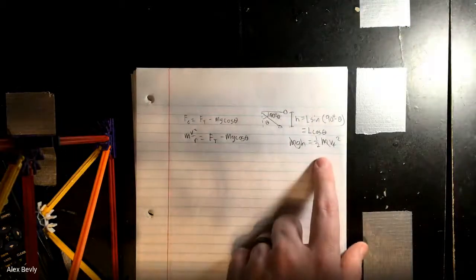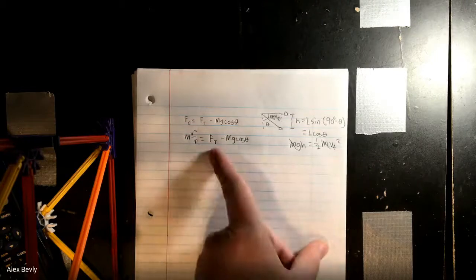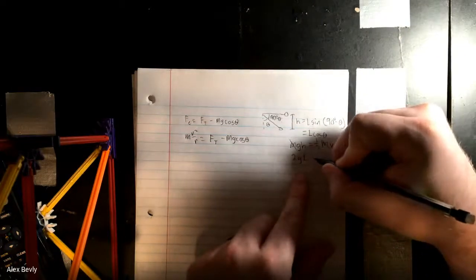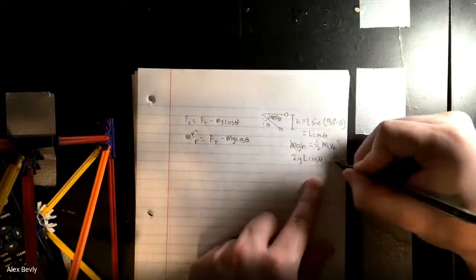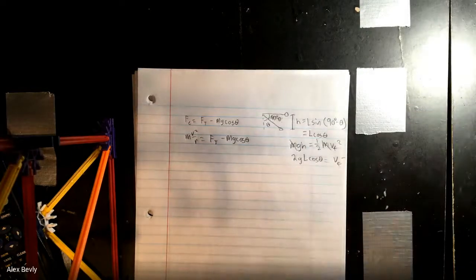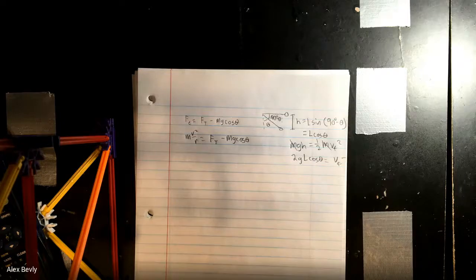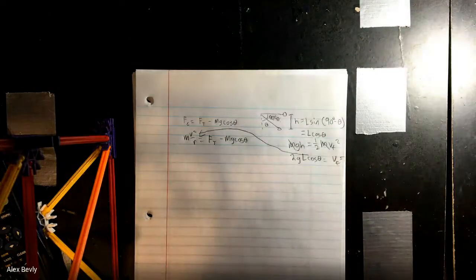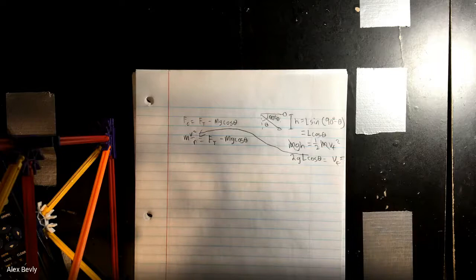You'd have 2gL cosine theta equals final speed squared. Then you should be able to put this all in here. Your radius should just be equal to L.